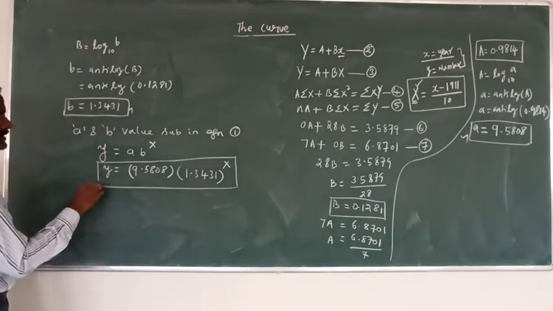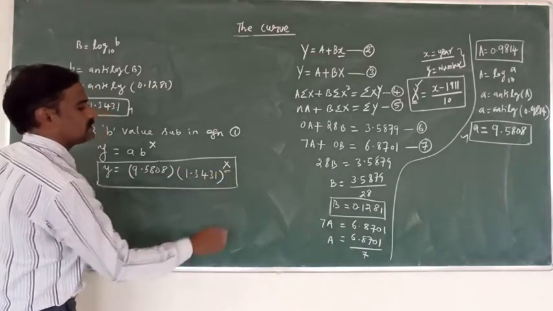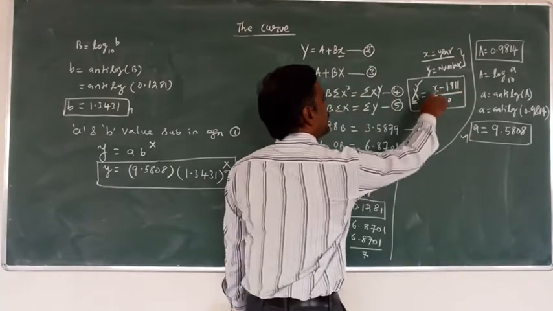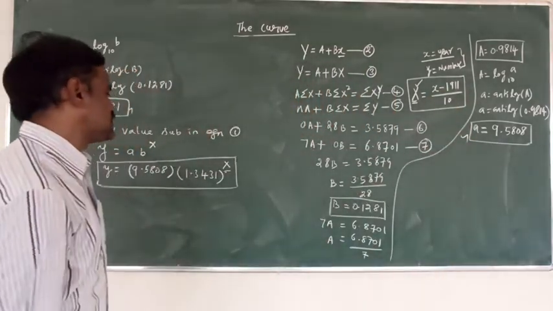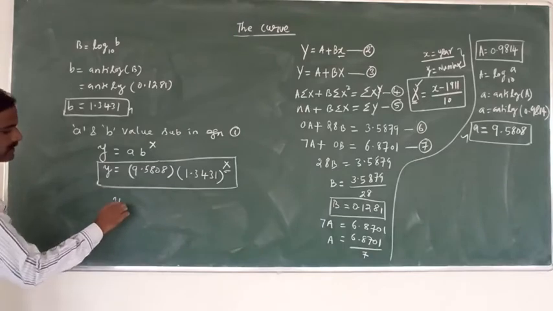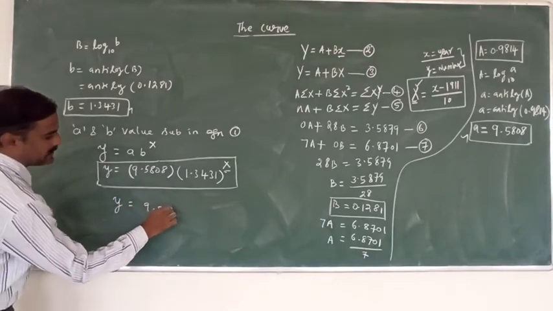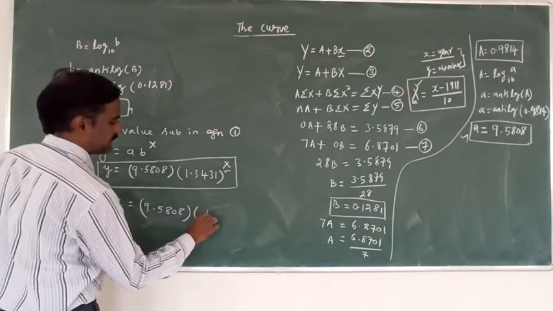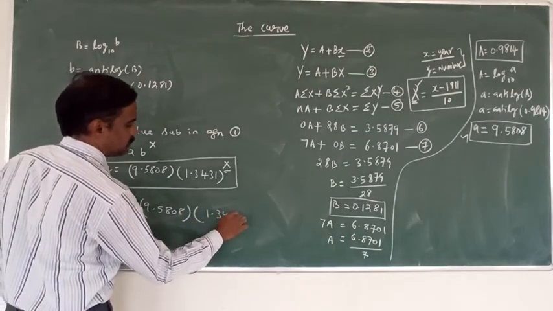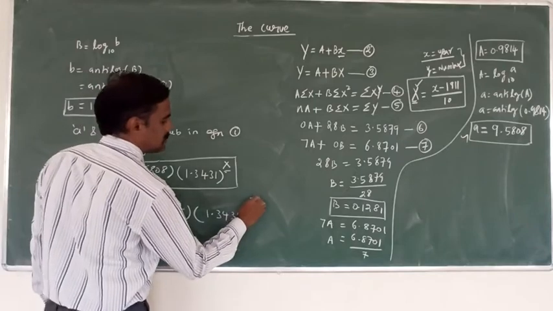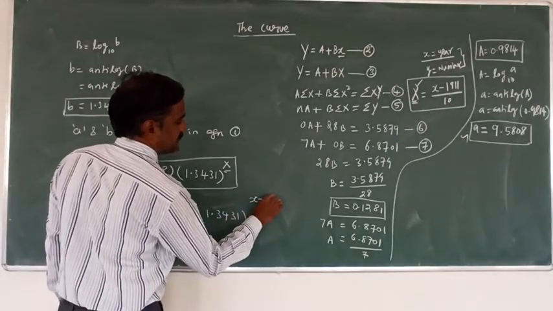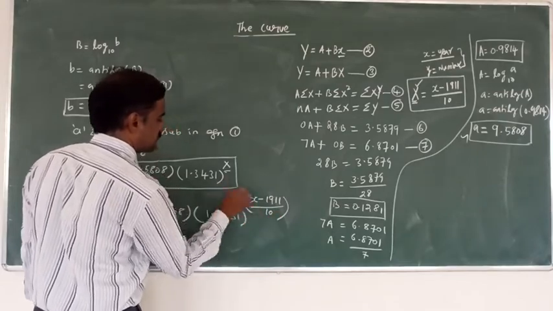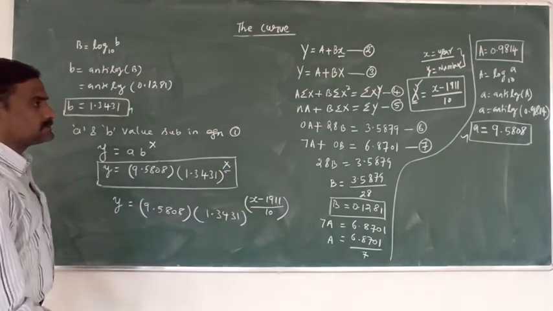And then the capital X we can represent as x minus 1911 divided by 10. We can substitute here y equal to 9.5808 times bracket 1.3431 power small x minus 1911 divided by 10 instead of capital X. Okay.